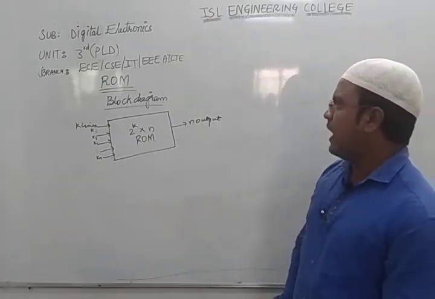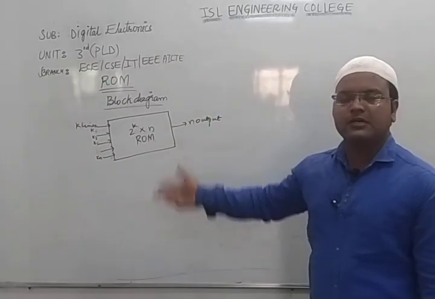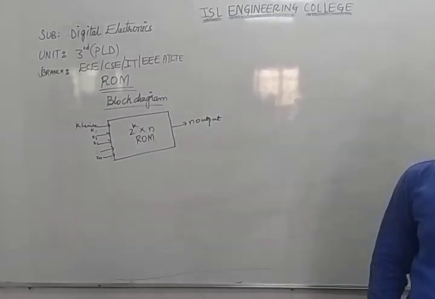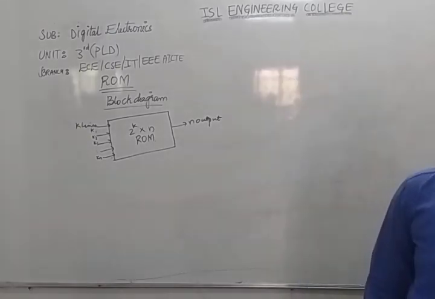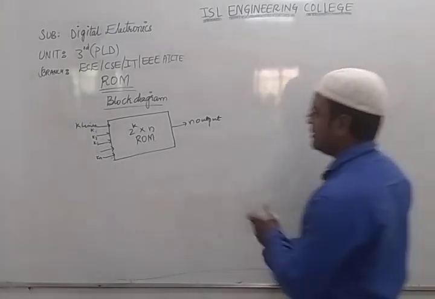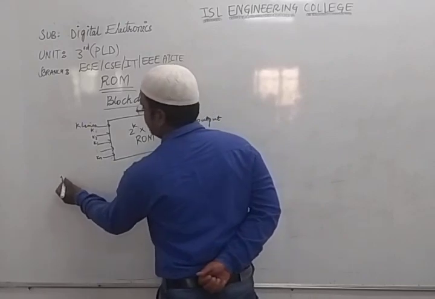Next, after drawing its block diagram, the next part is its implementation. How do we implement it? By using logic gates. So let us take one problem. Internal design, a question is given. I'll write it over here.